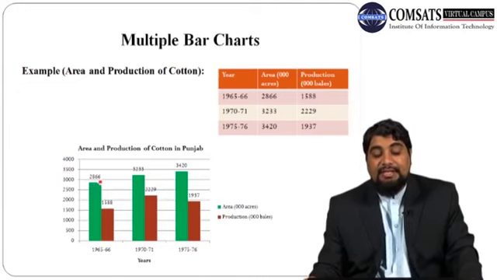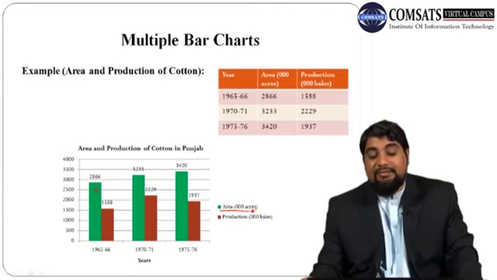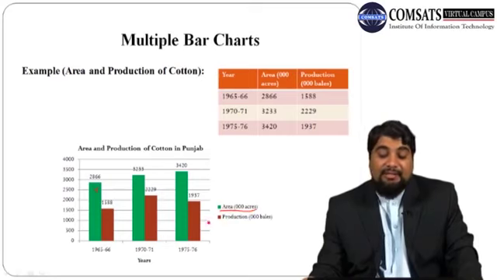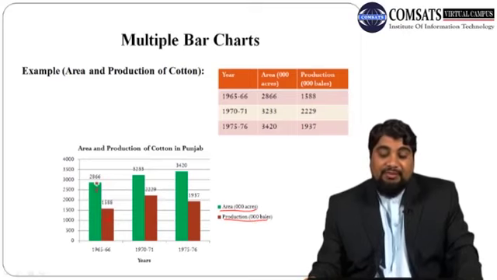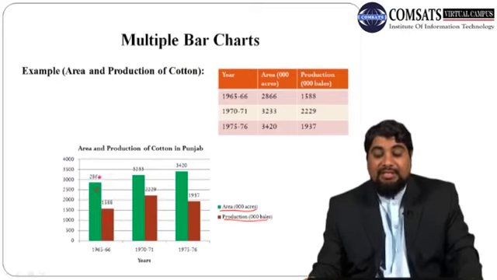This legend entry shows that the green bars are used to represent area in 1000 acres, whereas the reddish, dark brown ones represent the production in 1000 bales. So let us focus on this first bar chart.